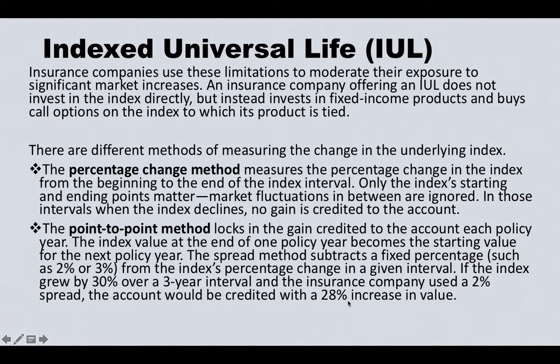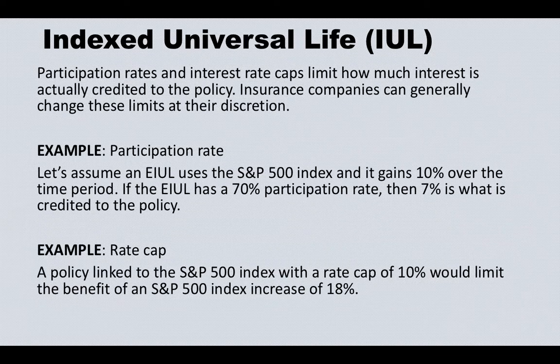Trust me, there's no 28% credit. They will talk about caps. There's also what's called the participation rate. The interest cap limits how much interest is actually credited to the policy, and the insurance company can generally change this limit at its discretion. You can see that, right?